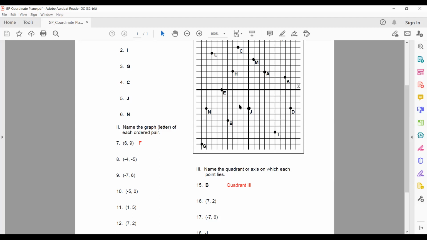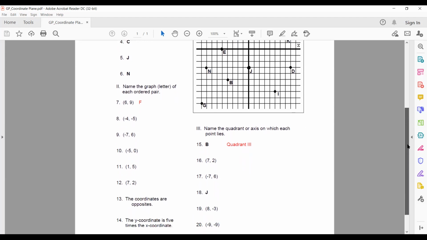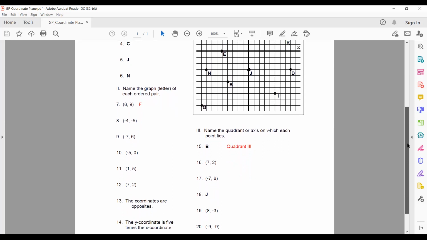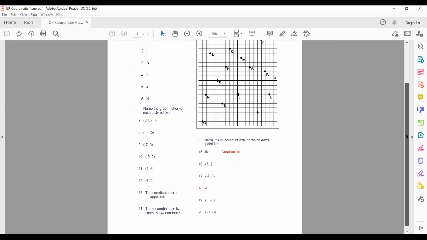Okay, number 11, 1, 5. M. Good. Excellent. So 12, 7, 2. Okay. 13 and 14. These are going to be fun. These are the best ones on the whole page.